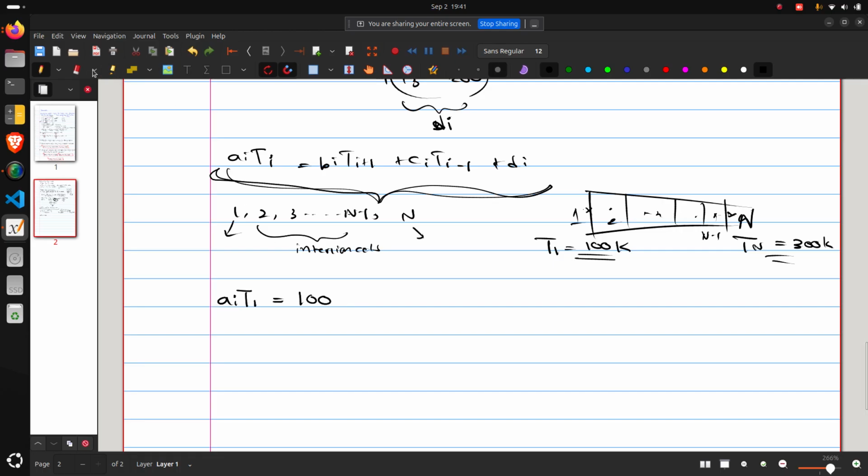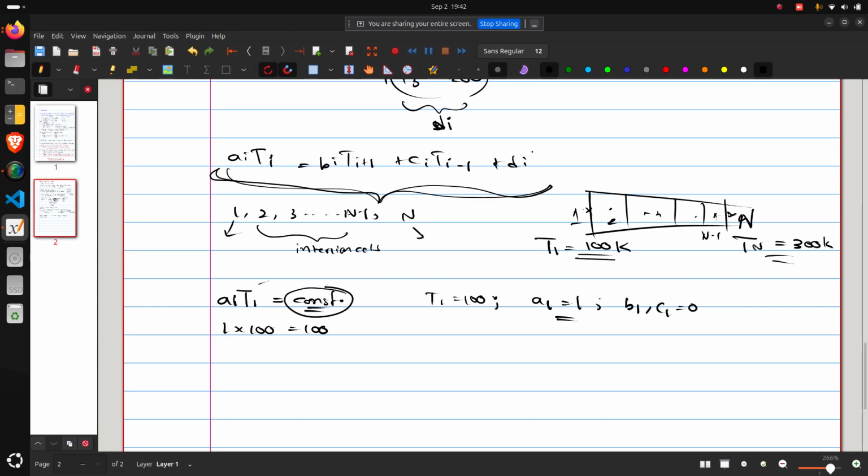At the boundary this is some constant value, and T1 we know already: T1 is 100. This means that A1 is nothing but 1, so 1 times 100 is equal to 100. So A1 is equal to 1, B1 and C1 are equal to 0, and this D1 will be nothing but the D1.